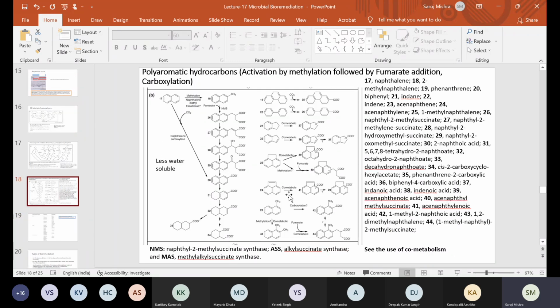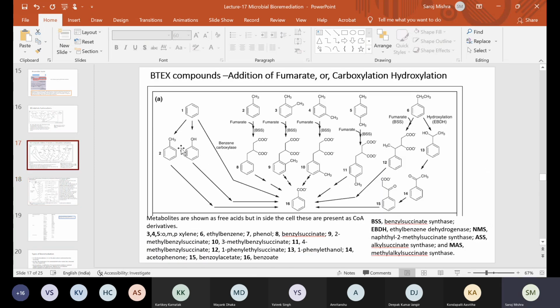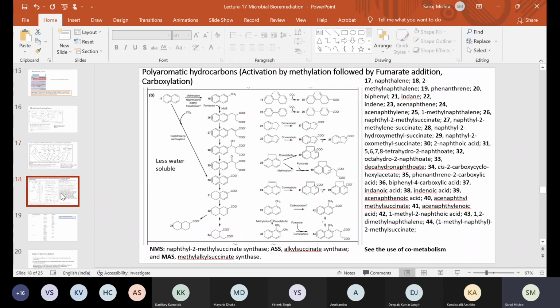Now, this particular slide is the situation with respect to hydrocarbons which have multiple rings. Pay attention that in the previous slide, all of these are compounds which have single rings. In this slide, we are looking at molecules which have multiple aromatic rings, like naphthalene, for example, or you have phenanthrene here, or phenanthrene 2-carboxylic acid here.